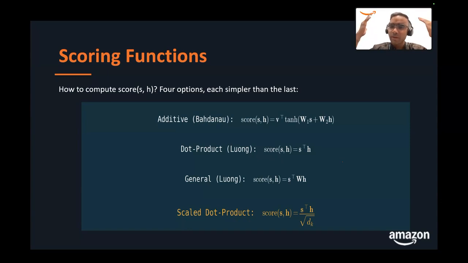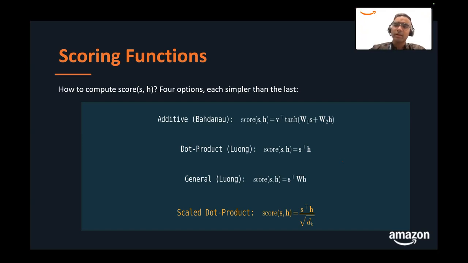I would project them into the same dimension by using my transformation matrices W1 and W2. Then I just use a simple tanh activation function for some nonlinear operation I want to perform on them. And then I take a dot product with V transpose, which is a vector, which is again a learnable vector. This can be the simplest form. I want to find some relation between S and H. I do W1S plus W2H.